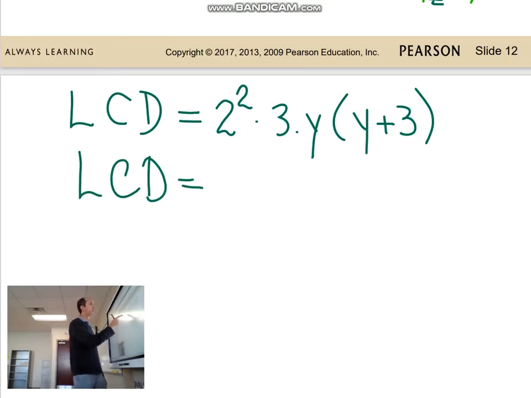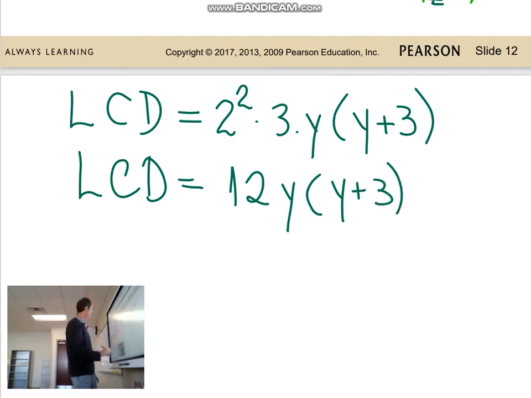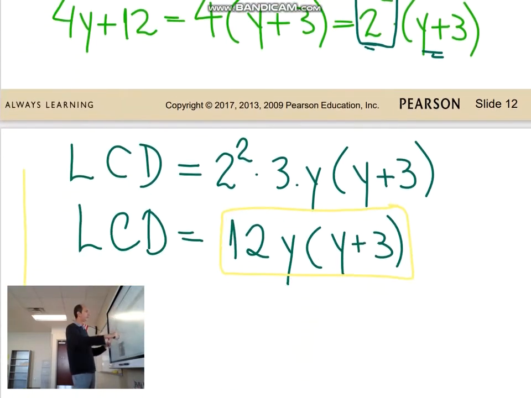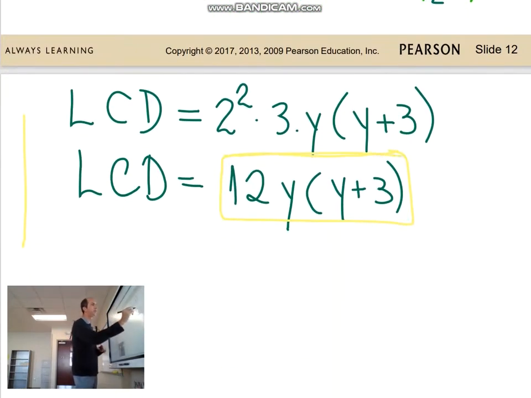Find out the number: 2 squared is 4, 4 times 3 is 12. So the answer is 12y times y plus 3. This is the least common denominator among the denominators that we have seen before. Those 2 denominators will result in this least common denominator.